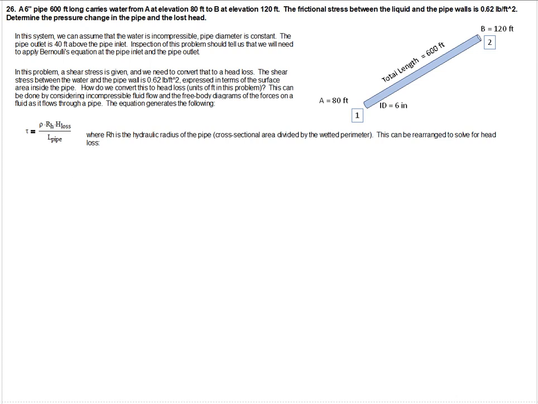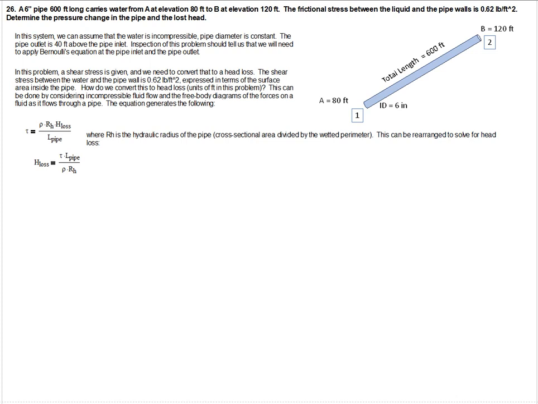What we can do then is rearrange that equation and solve for the head loss, and that is fairly simple to do. So that takes care of calculating the head loss. The stress is given to us, the length of the pipe is given to us, we know the density of water, and we can calculate the hydraulic radius.